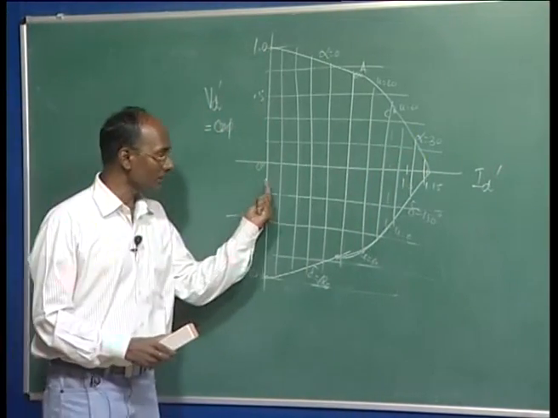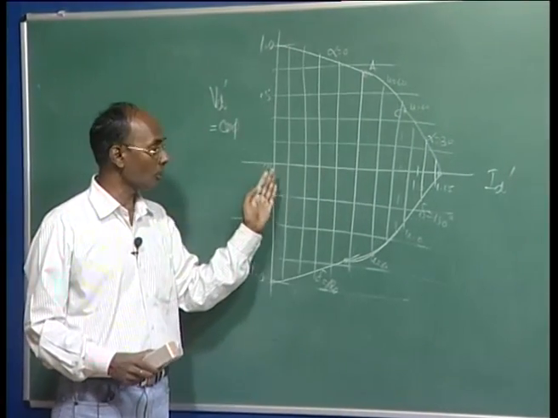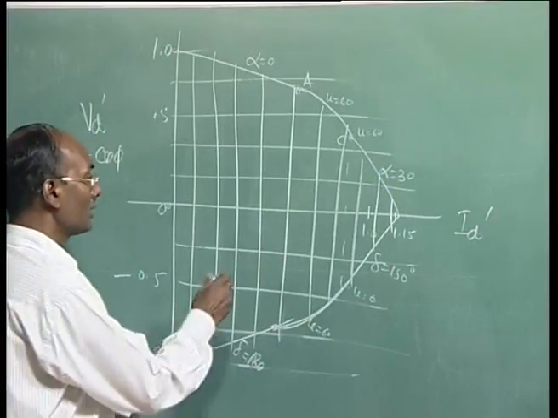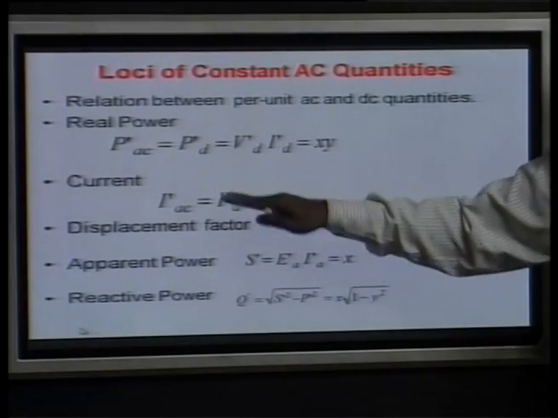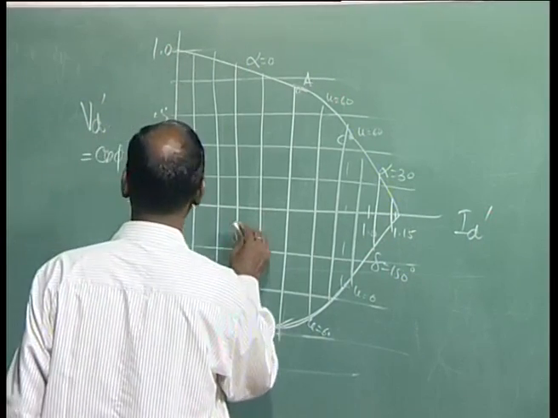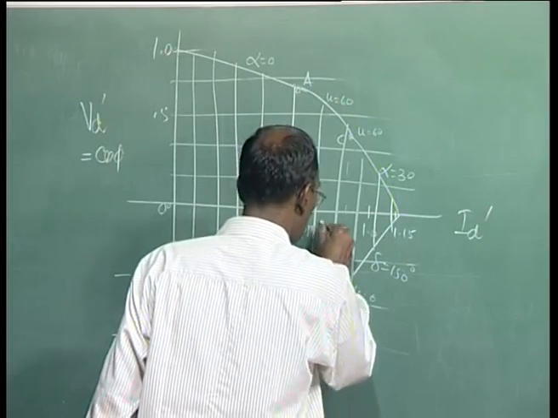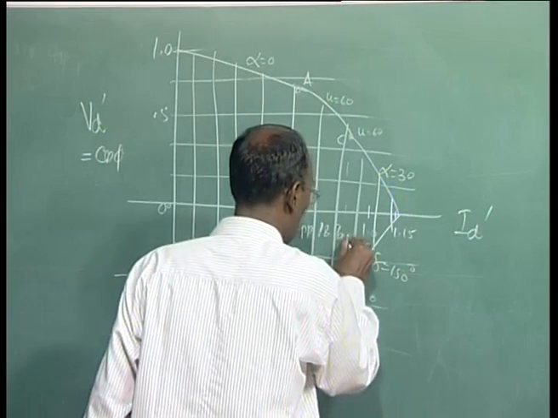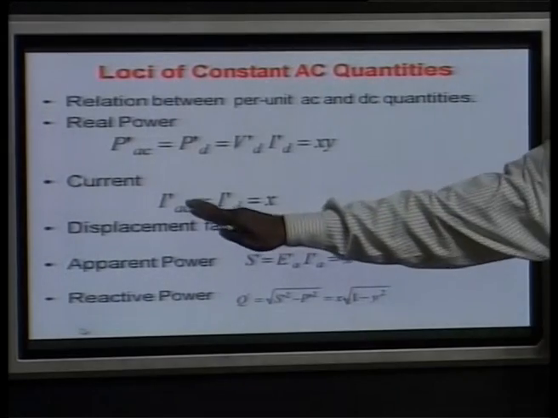These lines, that is, vertical lines parallel to your y axis, correspond to the apparent power and the current. So these lines are apparent power, and your IAC prime 1. Here again it is IAC 1.